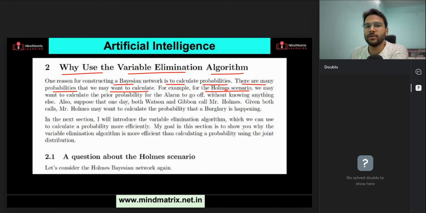This Holmes scenario is the same as, if you remember carefully, the Bayesian network we saw with burglary, earthquake, alarm, John and Mary calling, right? That diagram. And this is the same as the Holmes scenario, just the names are a little different, nothing else. Okay, we will see that.